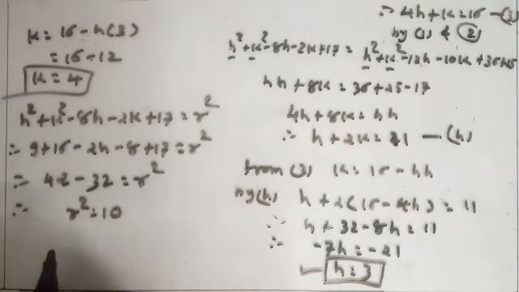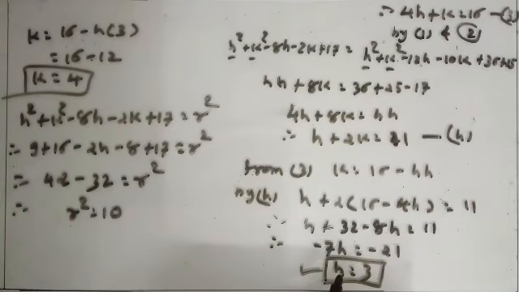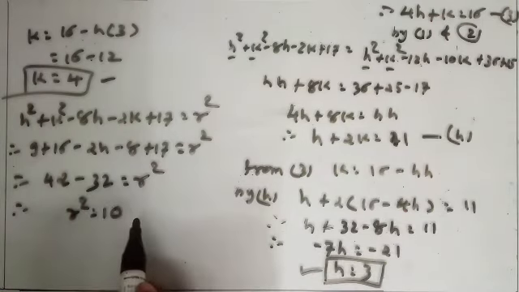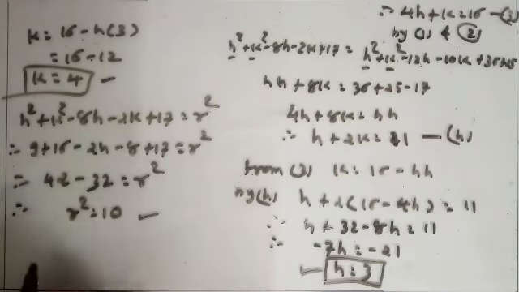Okay, so using the values of h, k and r square equal to 10, we get the equation of the circle.